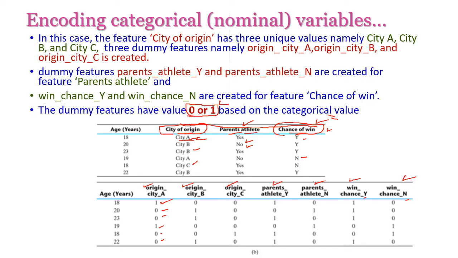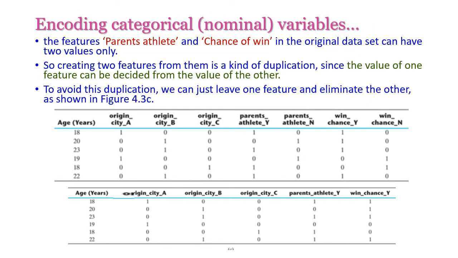Likewise the values will be replaced in all the features in the table. The parent athlete has only two classes, yes and no. If it is yes, here 1 will come, here 0 will come. If it is 0 here, then this is 1.